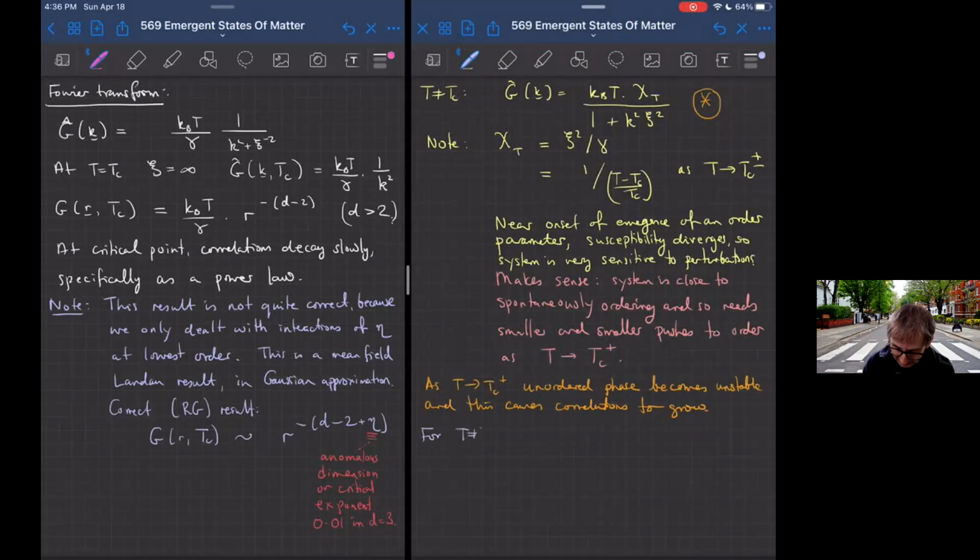So for t not equal to Tc, instead of just doing the inverse Fourier transform, which requires some complex variable technology, which I don't want to spend the time doing, we'll just do it in real space.